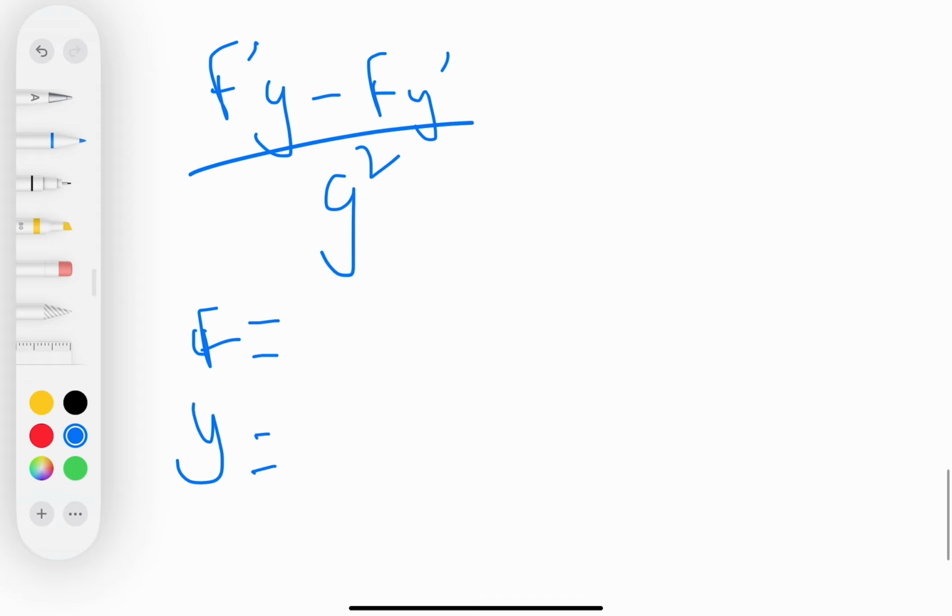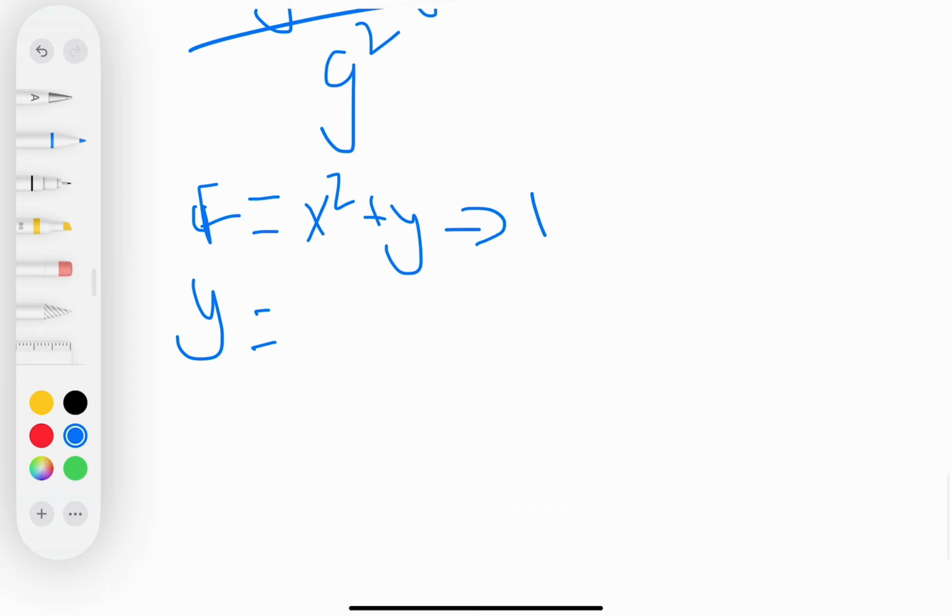So f' is x² + y differentiated, which just turns into 1. And g is y² + 1, and the derivative of it is just 2y. So we got rid of our constant, which was x.